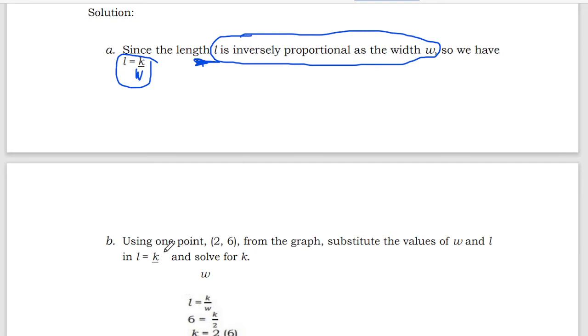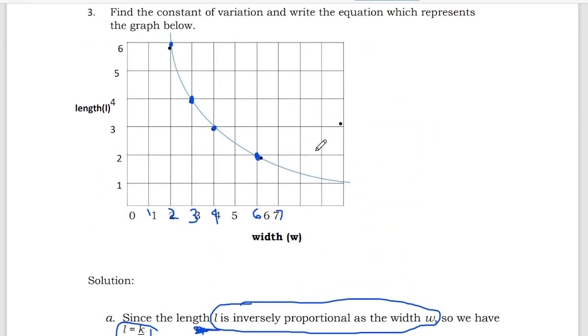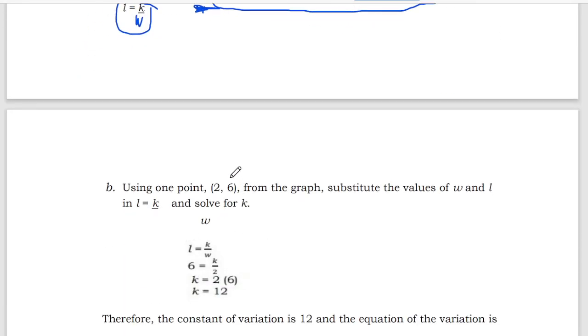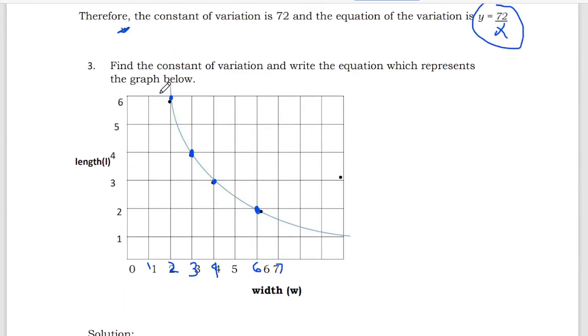Next, using one point, which is 2, 6. The point should be at the intersection, because when W is 2, the length is 6.